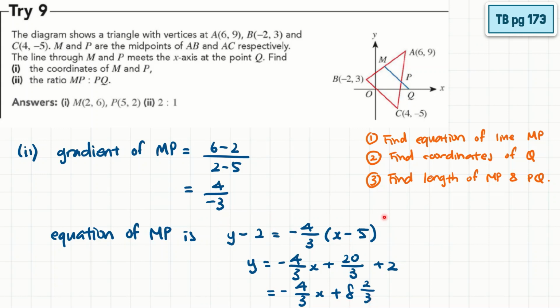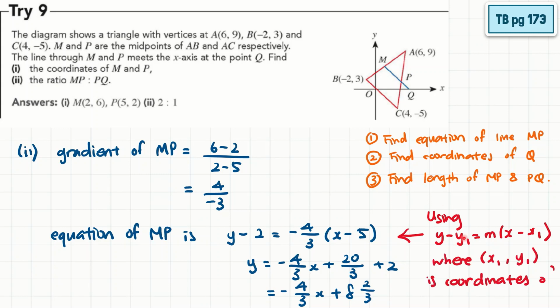In case you find this unfamiliar, I have just covered it in our most recent coordinate geometry lesson. I have introduced this formula of y minus y1 equals m times (x minus x1), whereby x1 and y1 are the coordinates of a given point on the line that we're discussing.